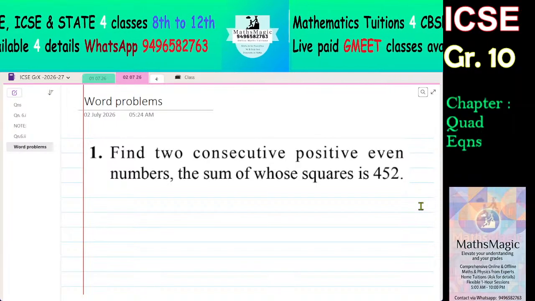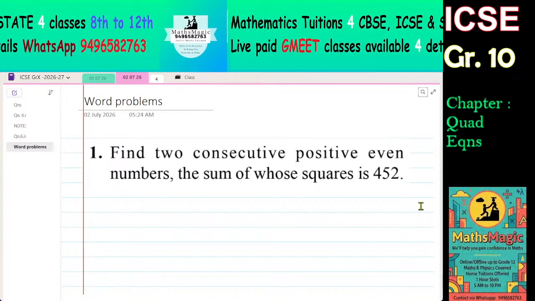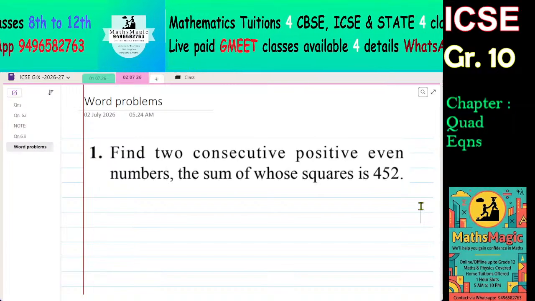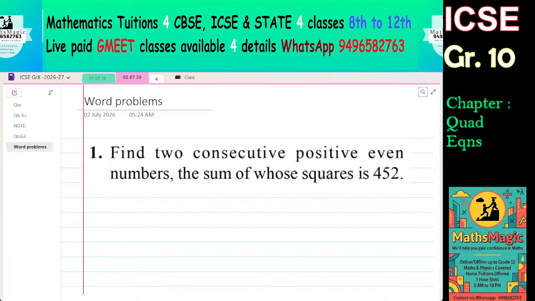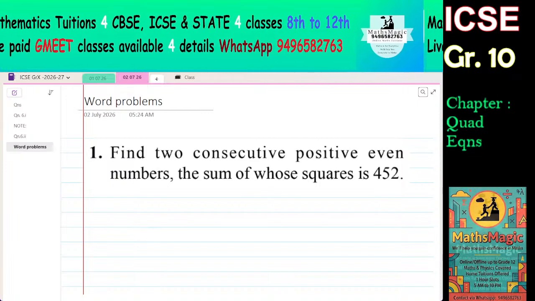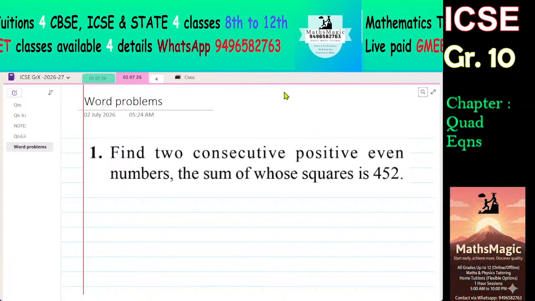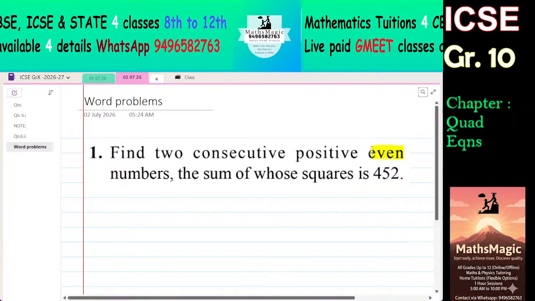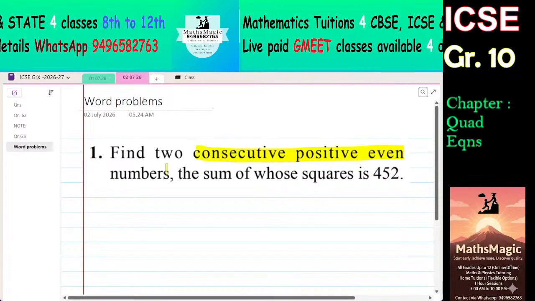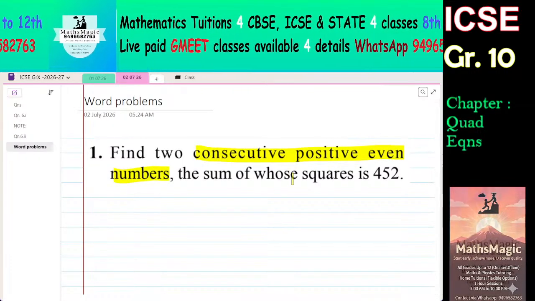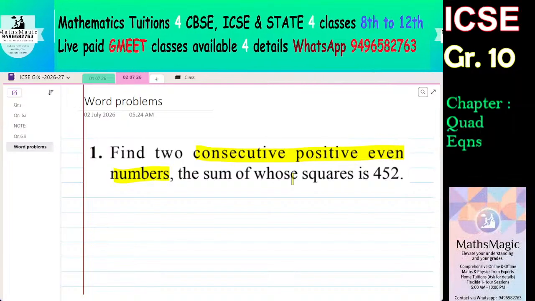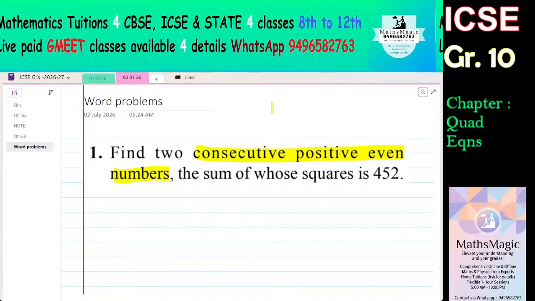So in this case, the question is find two consecutive positive even numbers. So the first condition is the numbers are positive consecutive even numbers. So we have our first clue from here, and the second clue is sum of whose squares is 452.